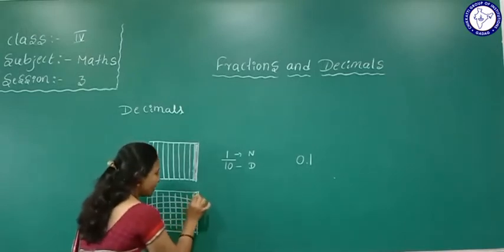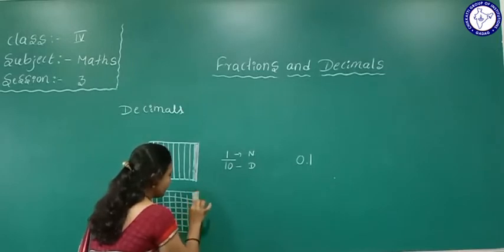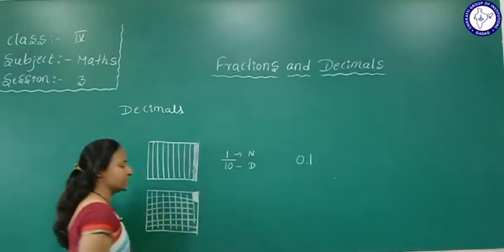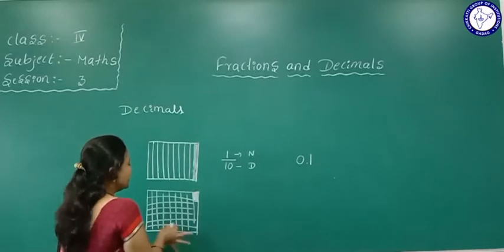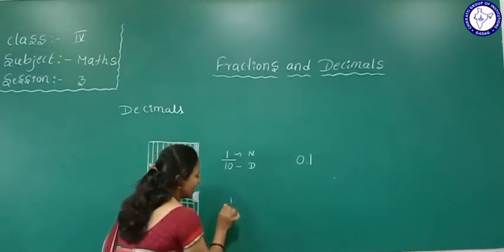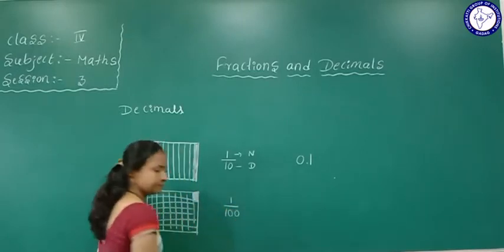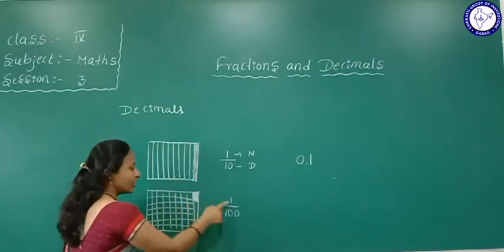Another example. Only one is shaded. So these all are hundreds. We write the fraction 1 by 100. Yes, only one is shaded.